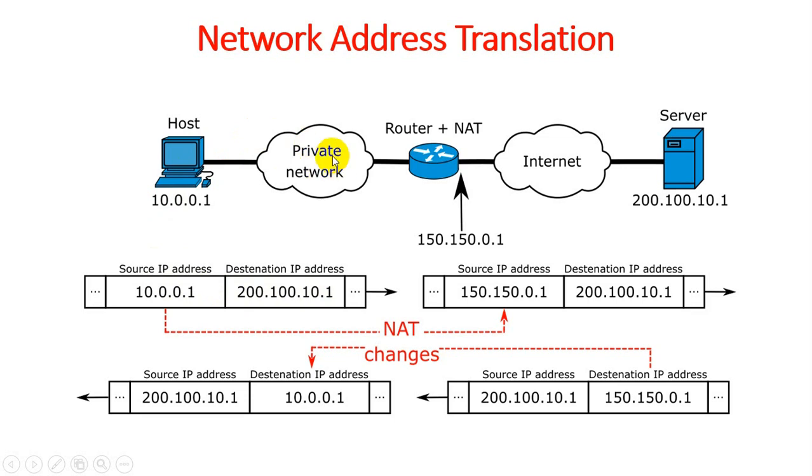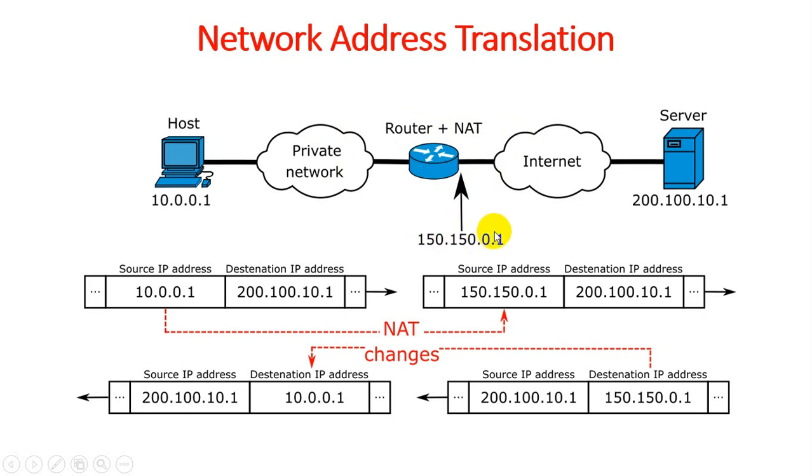So a private network generates the source address and destination address. Now the router plus network address translator: the router has an IP address and the network address translator converts its private address into the public address. So the router plus NAT IP address is 150.150.0.1.